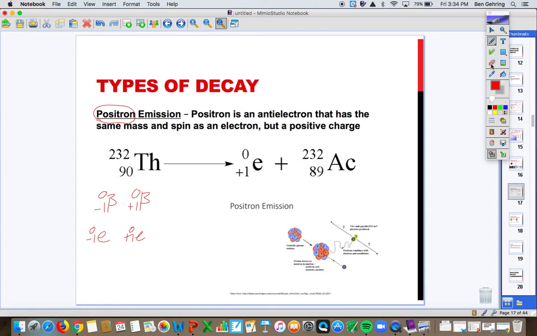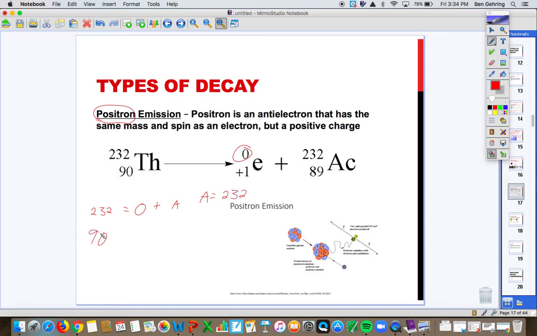Looking at positron emission, if we have thorium-232 undergoing positron emission, I know that 232 equals positron, again no mass, equals 0 plus, and I'm going to have A over here. So I know that my mass is still 232.